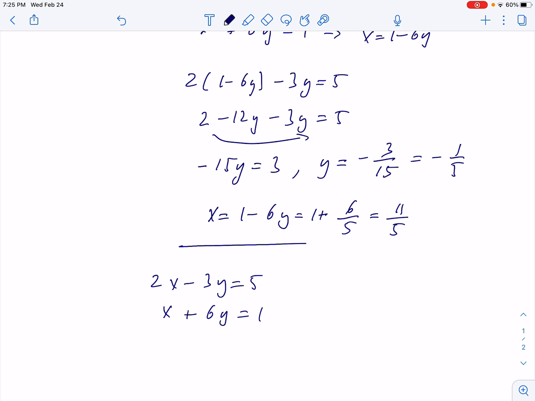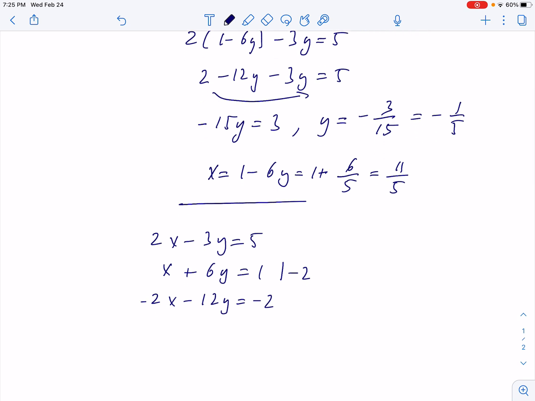The second equation I will multiply by negative 2 because I have plus 2x in the first equation. Here I'm multiplying by negative 2 to make negative 2x. The new equation will be negative 2x minus 12y equals negative 2. And we add the first and the new second. The result will be 0 minus 15y equals 3.